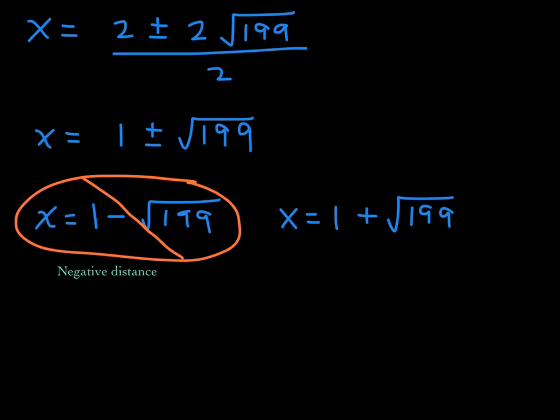Now, as far as x is equal to 1 plus the square root of 199, this can be punched into your calculator to be approximately 15.1 meters. Okay, approximately 15.1 meters. Now, let's go back to our picture now that we know what x is.